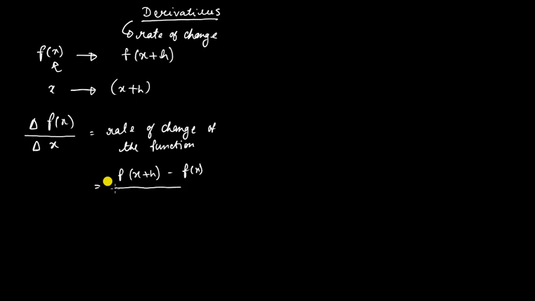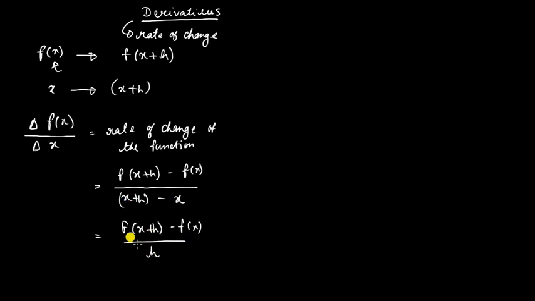Divided by the change in the variable, so that would be equal to, the variable became x plus h, right? And earlier it was x. So if you do the math, then it becomes f of x plus h minus f of x, divided by x gets cancelled, so you're left with h, right?